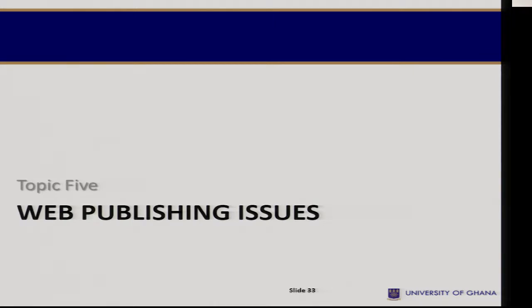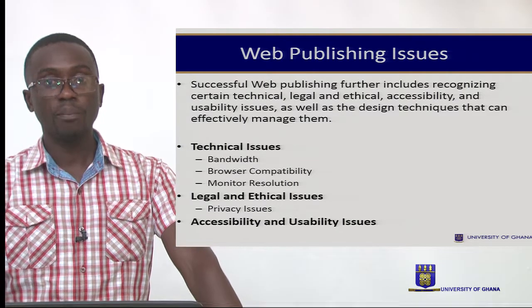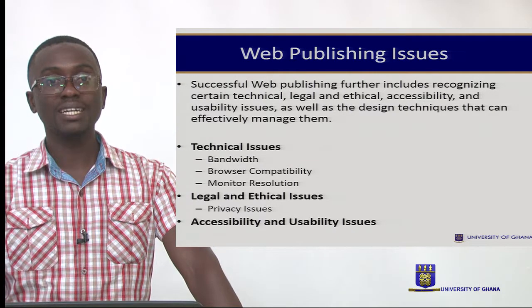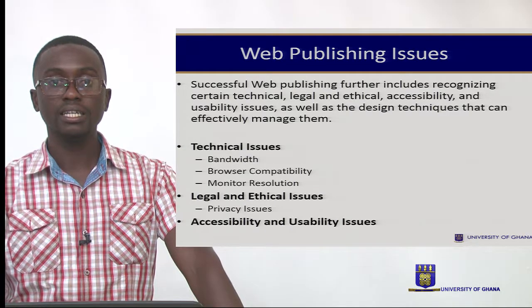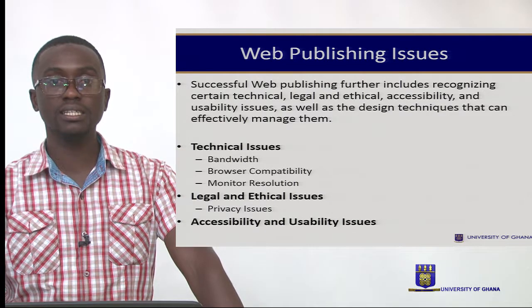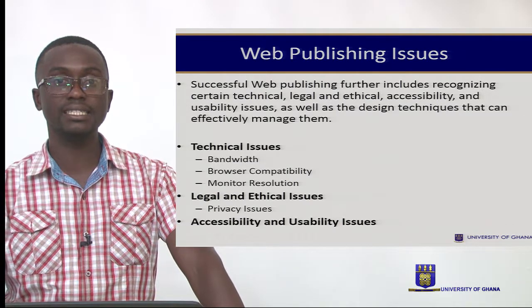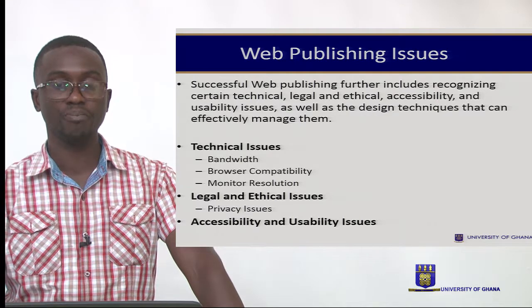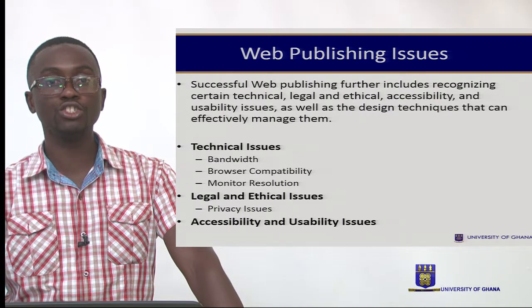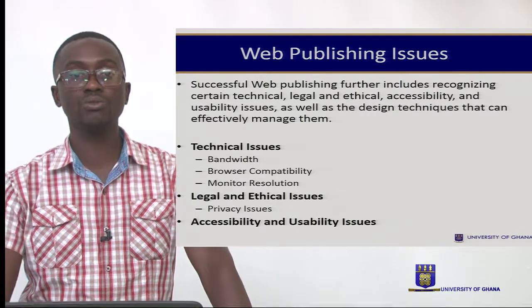Web publishing issues. Successful web publishing further includes recognizing certain technical, legal, ethical, accessibility, and usability issues, as well as the design techniques that can effectively manage them. Some of the technical issues you need to consider include bandwidth.